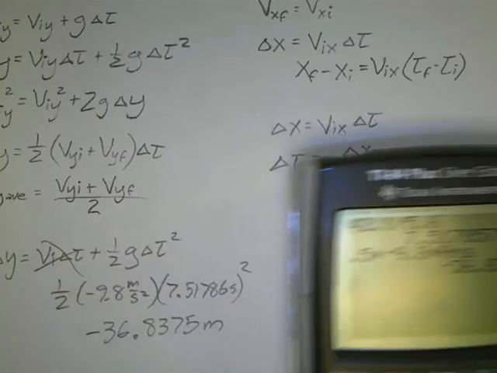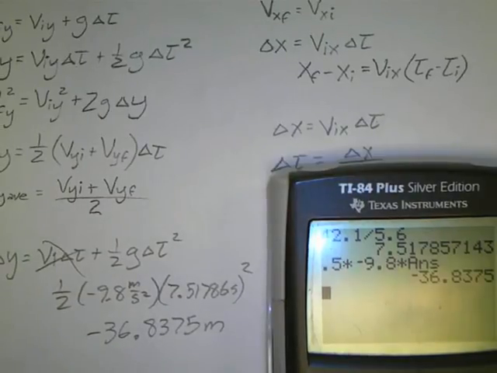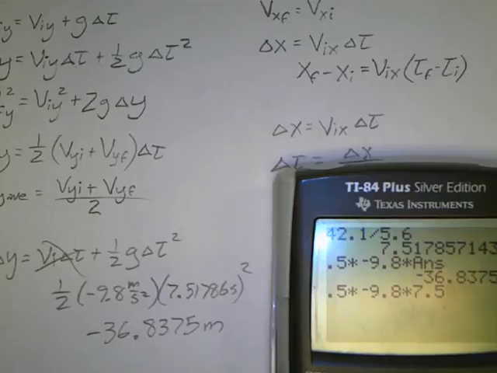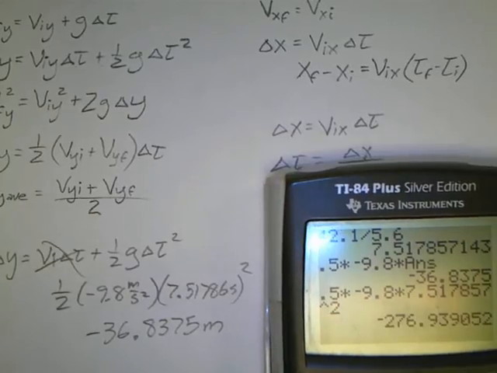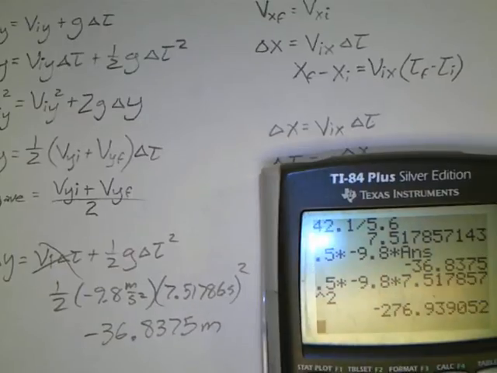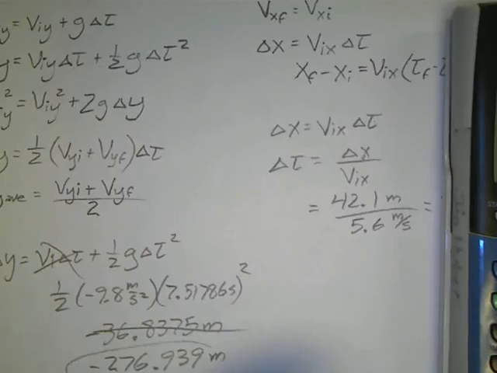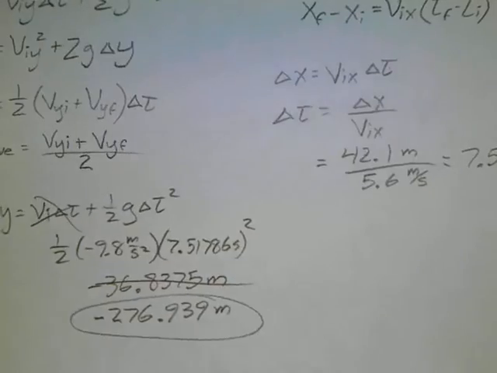Wrong. Negative 276. And multiply by half. Alright. So that's wrong. Negative 276.939 meters. There we go. Alright, so that's it for that part of the problem.